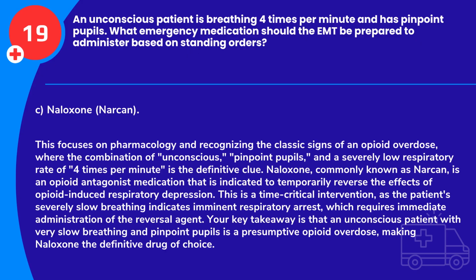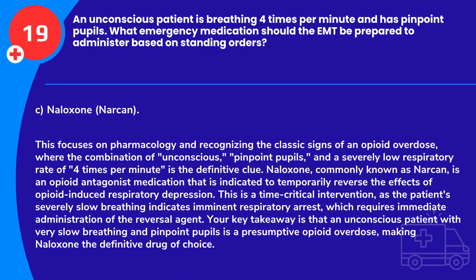This focuses on pharmacology and recognizing the classic signs of an opioid overdose, where the combination of unconscious, pinpoint pupils, and a severely low respiratory rate of 4 times per minute is the definitive clue. Naloxone, commonly known as Narcan, is an opioid antagonist medication that is indicated to temporarily reverse the effects of opioid-induced respiratory depression.